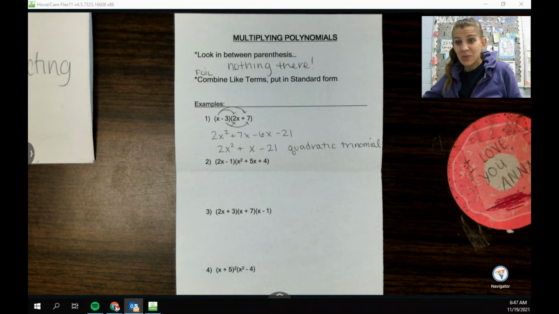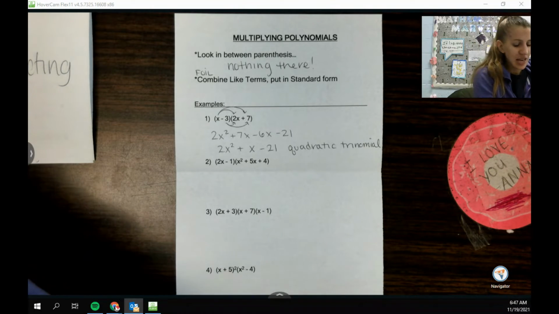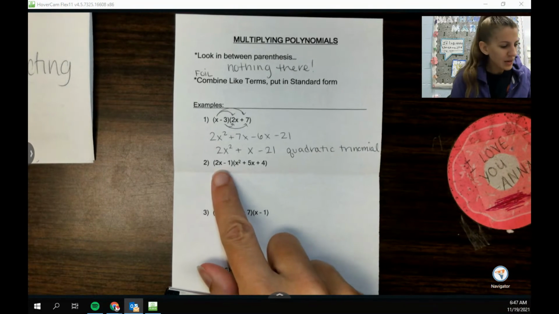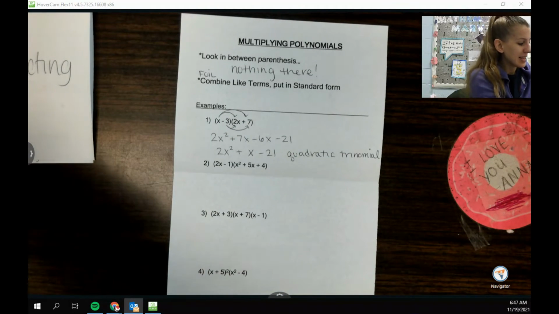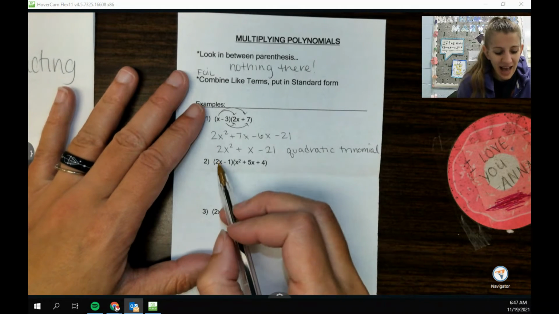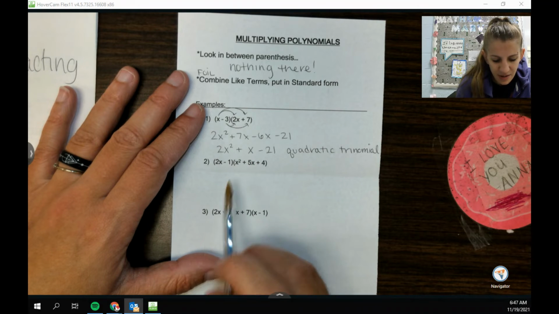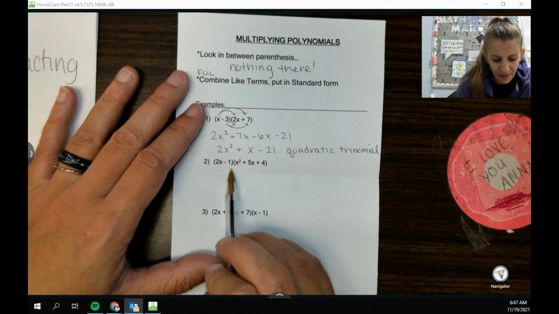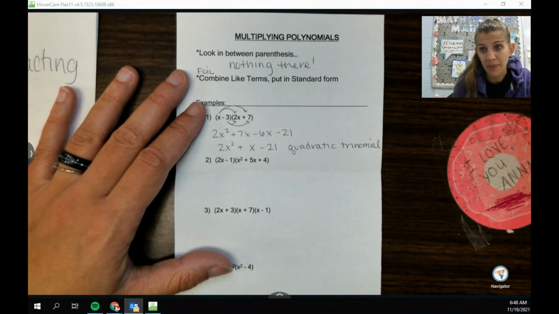Now looking at the next one though, that one is not as nice. And it's not as nice because we are doing 2 things times 3 things. So I could take the arrows, starting with the 2x and arrow, arrow, arrow, arrow, arrow, arrow. But I always feel like there's a lot of room to lose a number in there.